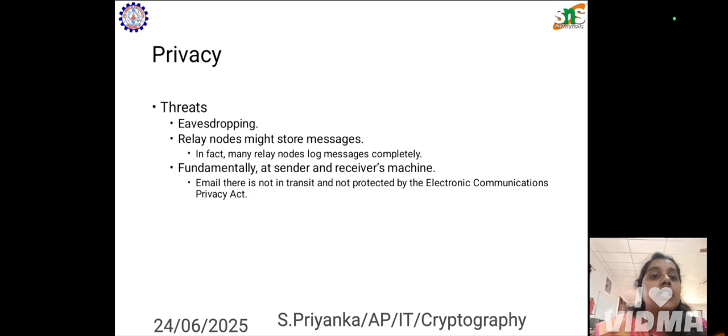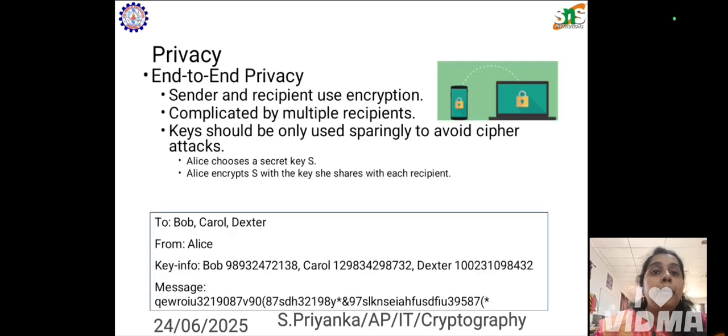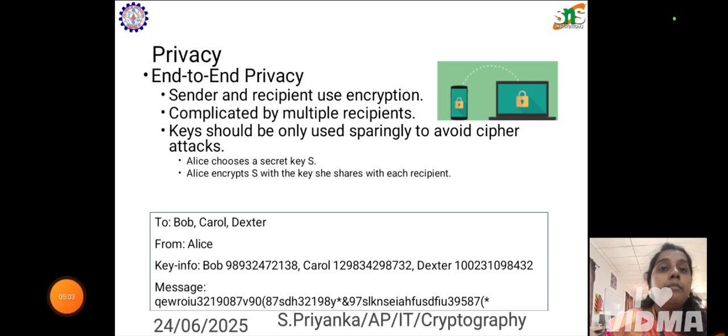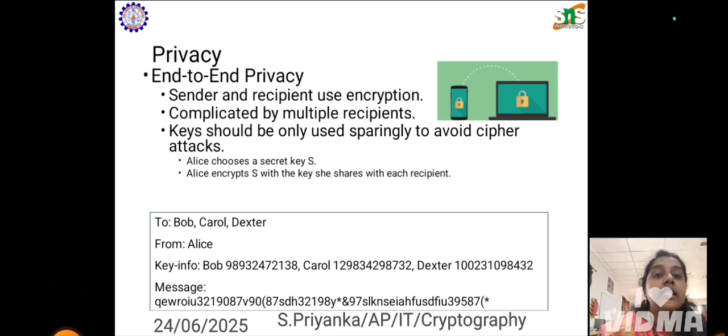Fundamentally, at sender and receiver machines, email is not in transit and not protected by the Electronic Communications Privacy Act. Next is end-to-end privacy. In the case of end-to-end privacy, the sender and the receiver use encryption, complicated by multiple recipients. Keys should be used only sparingly to avoid cipher attacks.